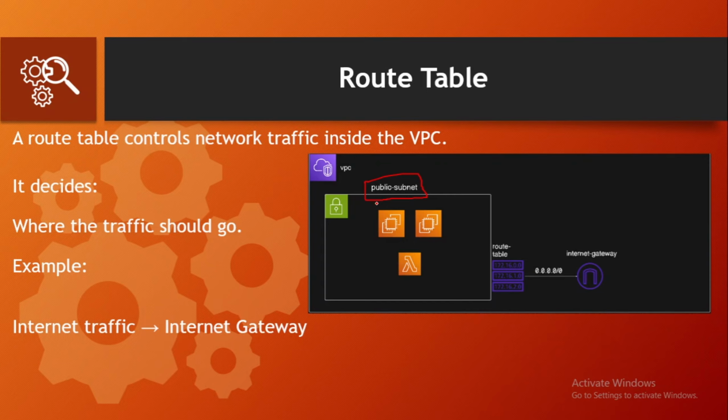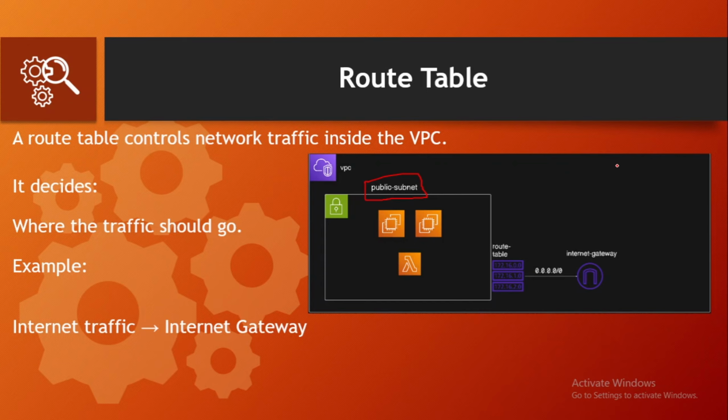Let's understand the concept of route table with the help of a simple analogy. Imagine you are driving in a city. At every intersection, there are signboards telling you where to go, like city center, highway, airport. Without those directions, traffic would be completely confused. In AWS, a route table works exactly like those direction boards. It tells AWS if traffic is going to a certain destination, send it through this path.